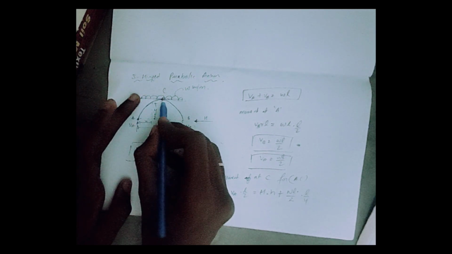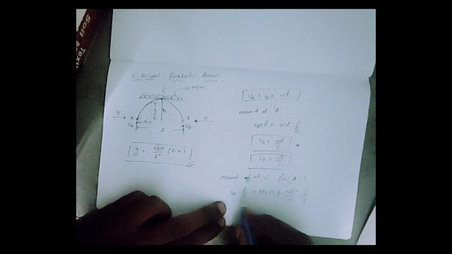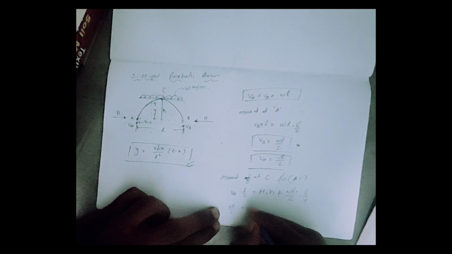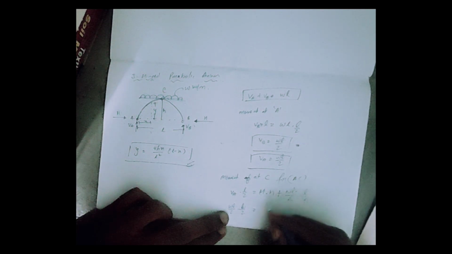This will be L by 2, so if we substitute this L by 2, WL by 2 over here, WL by 2 into L by 2 is equal to H into H. If we do this, H is equal to WL square by 8 into H.